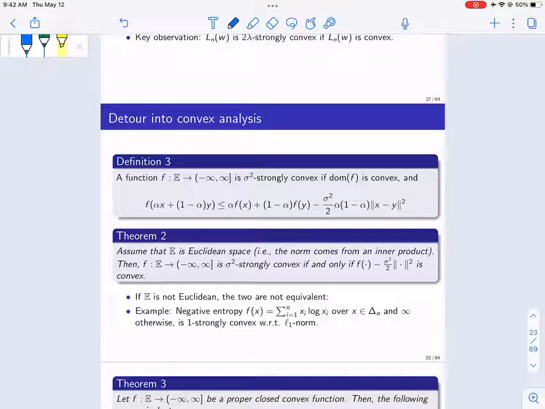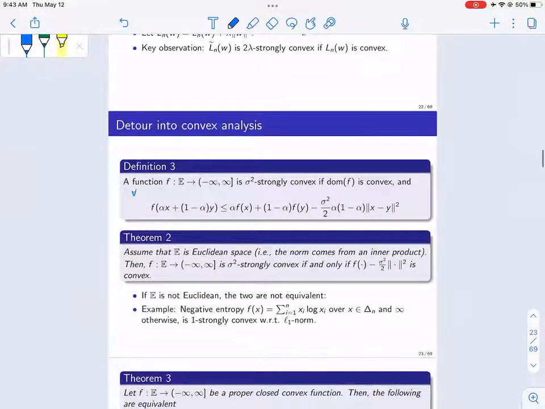So if this inequality holds without this term, then this has to hold for any x and y in the domain, and alpha in 0 to 1.